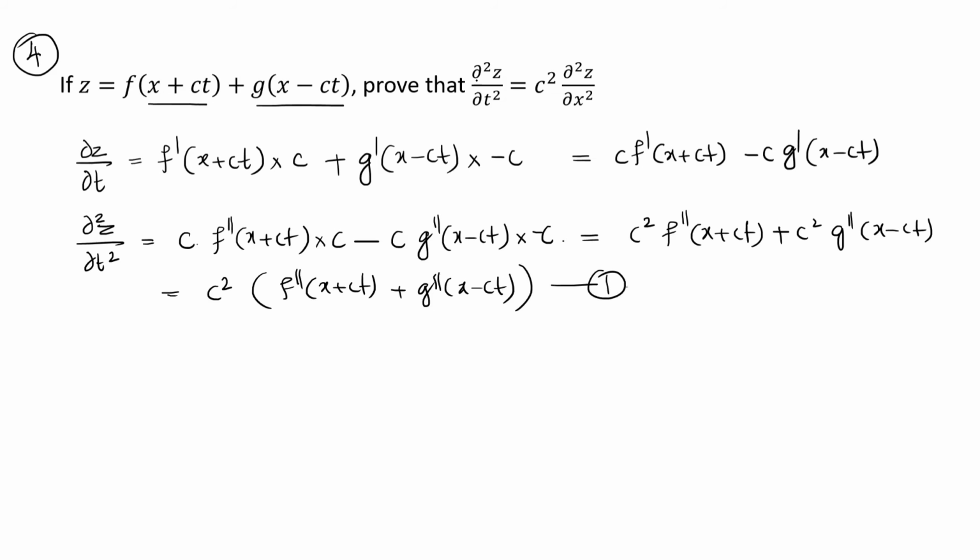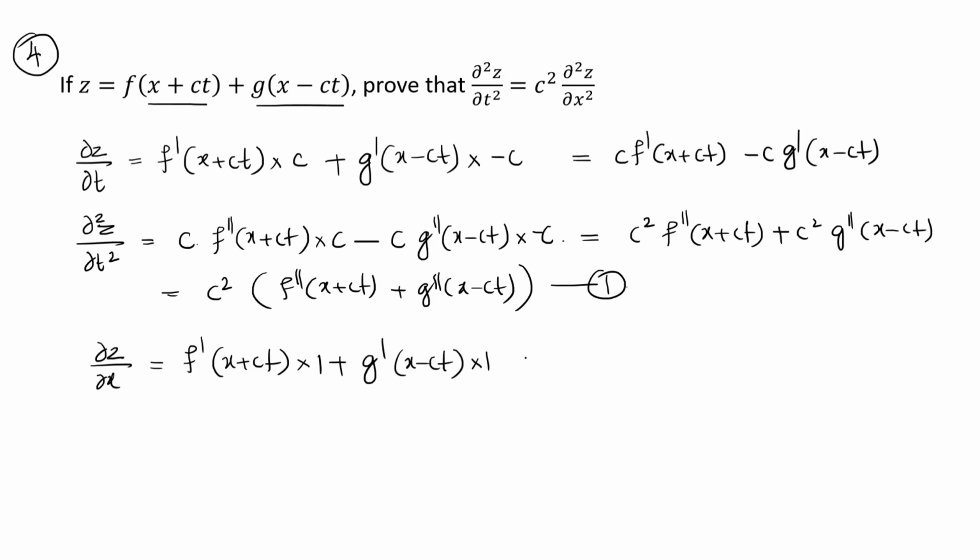Therefore, we have dou square z by dou t square. Now what about dou square z by dou x square? For that, we'll take dou z by dou x first. Again, we don't know what f is, so its derivative is f dash of x plus ct into the derivative of x plus ct with respect to x, which is 1. The derivative of x is 1 and the derivative of ct with respect to x is 0. Plus the derivative of g is g dash of x minus ct into 1 again.